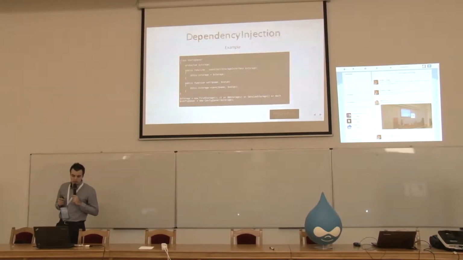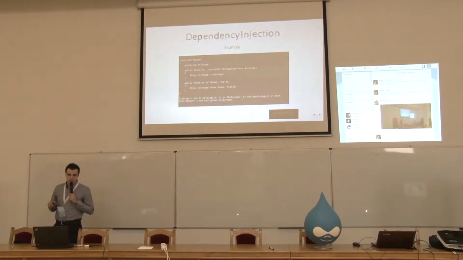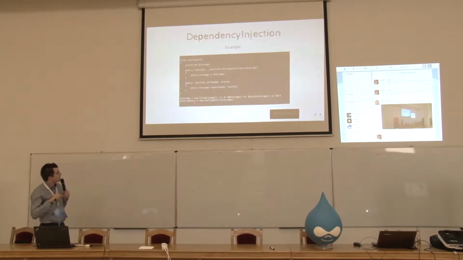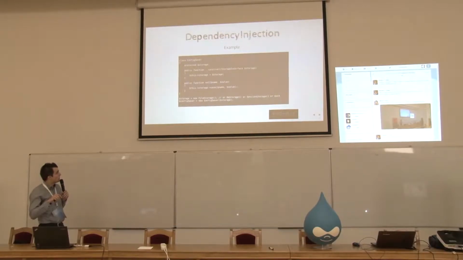Defining an interface on the storage and injecting this dependency through the constructor of our class. This way, we can use whatever storage we want without modifying our class. So basically, this example is going to be the same as the first one.